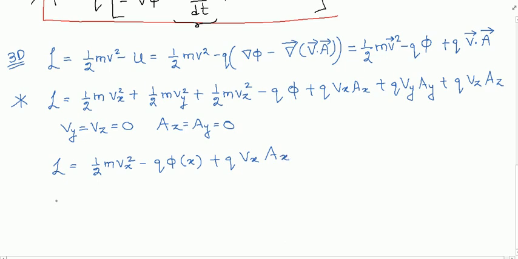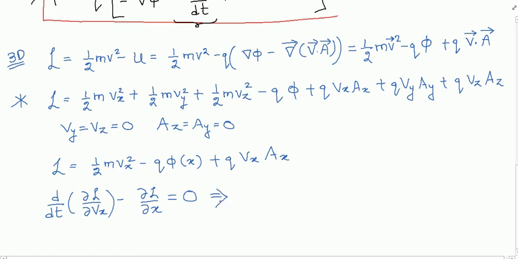To give you an example how to do the Lagrange equation of motion. Now, all you need to do is evaluate this thing. So d/dt of del L by del vx minus del L by del x equals 0.